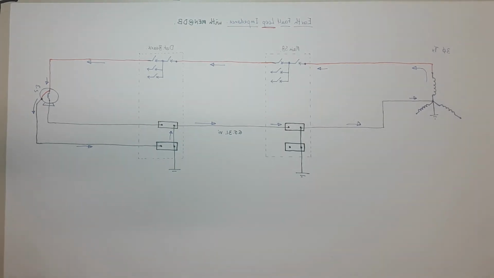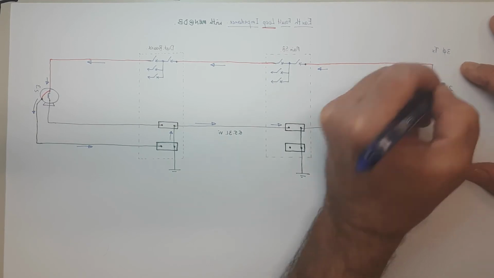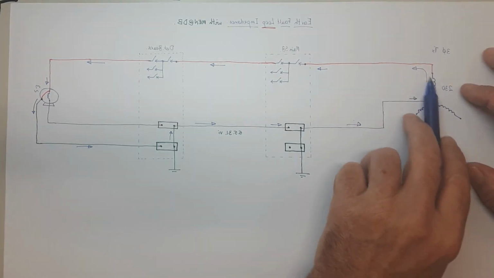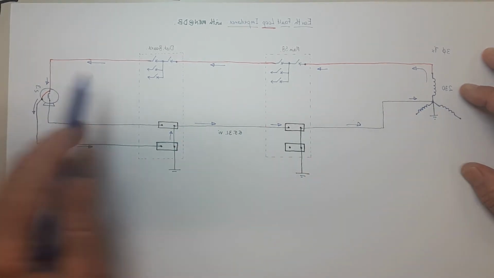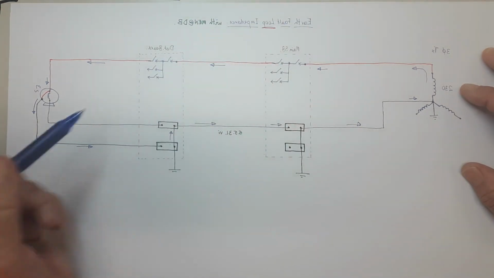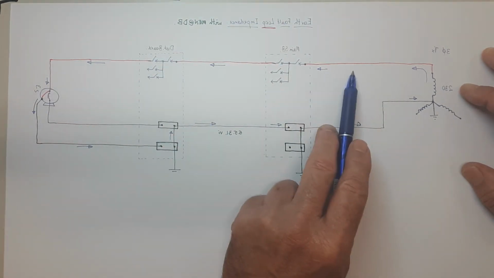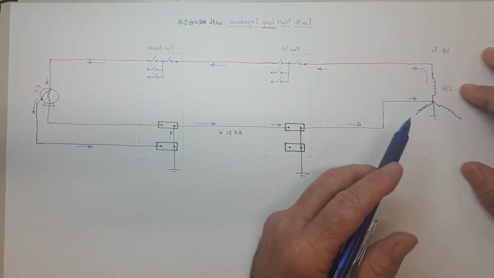Now, that's a loop. It's 230 volts here, of course, and 230 volts is feeding this impedance. So you can imagine the longer that circuit is, the higher the impedance, because it's got more cable, and the size of the cable determines the impedance as well. The bigger the cable, the smaller the impedance.